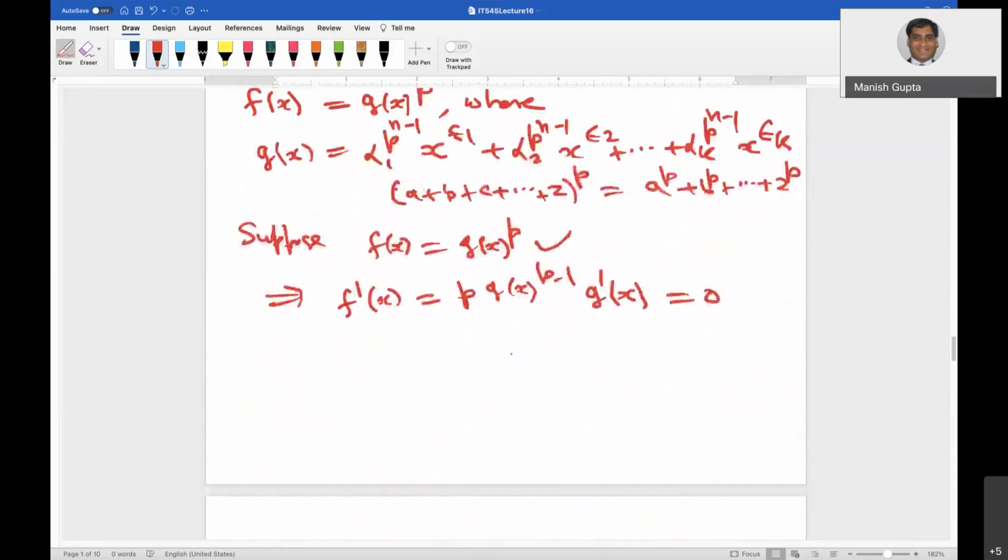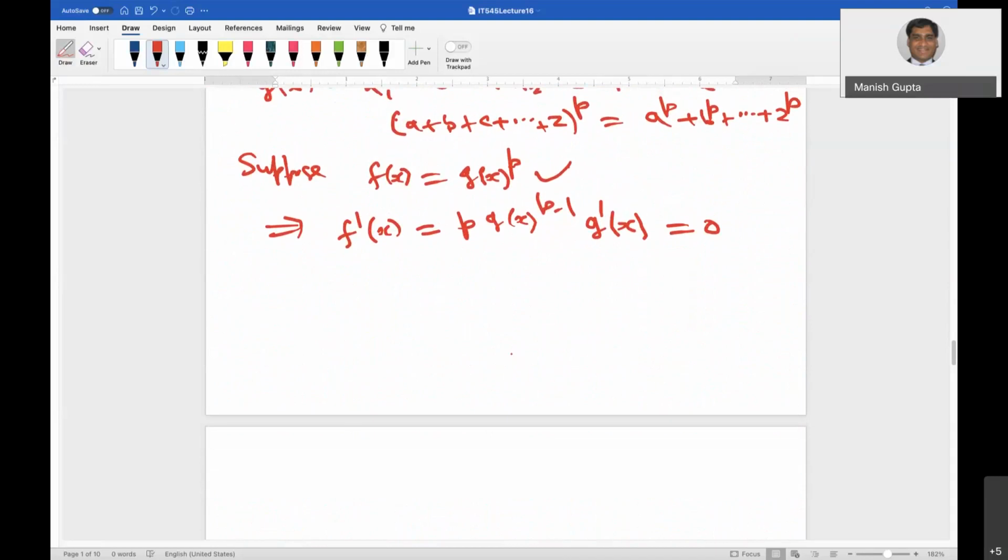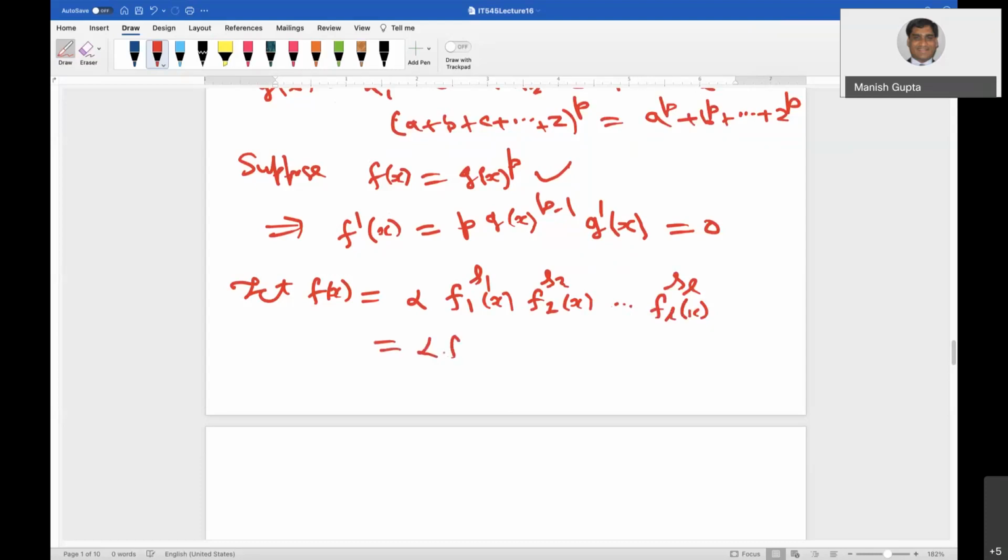So now let f(x) be written with the factorization something like alpha times f1(x) raised to power s1, f2(x) raised to power s2, dot dot dot fl(x) raised to power sl. I'm not writing f1 of x all the time.